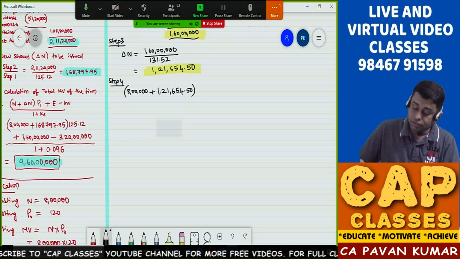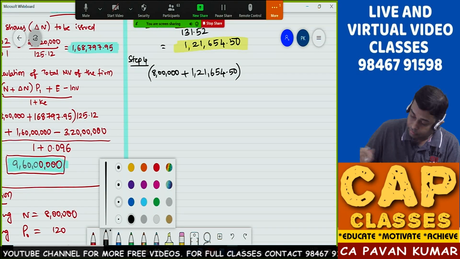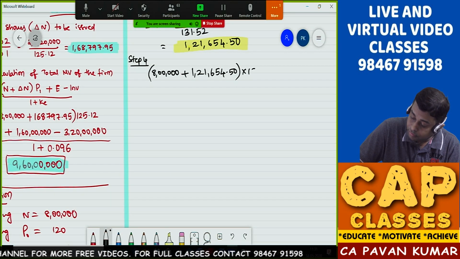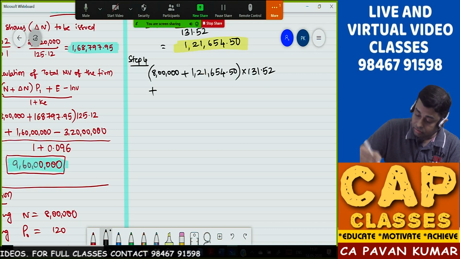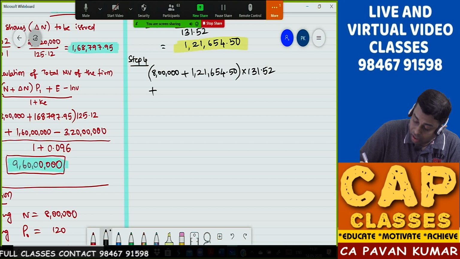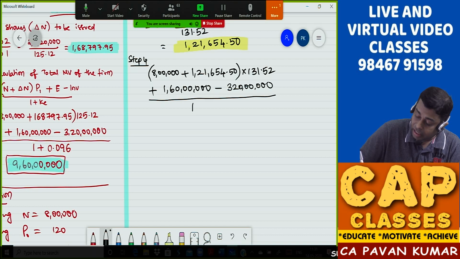Add your earnings 1 crore 60 lakhs minus your investment 3 crores 20 lakhs, whole divided by 1 plus 0.096.